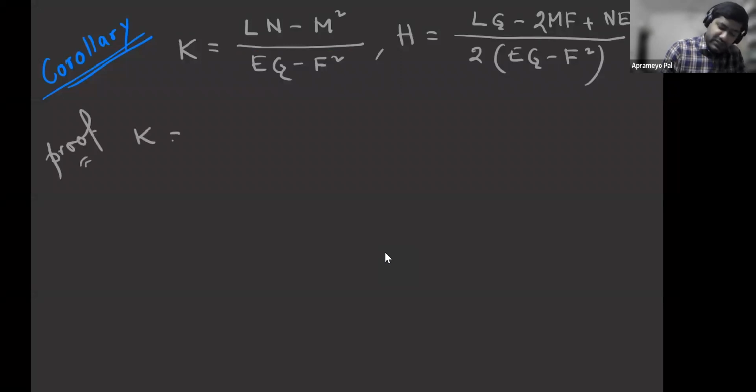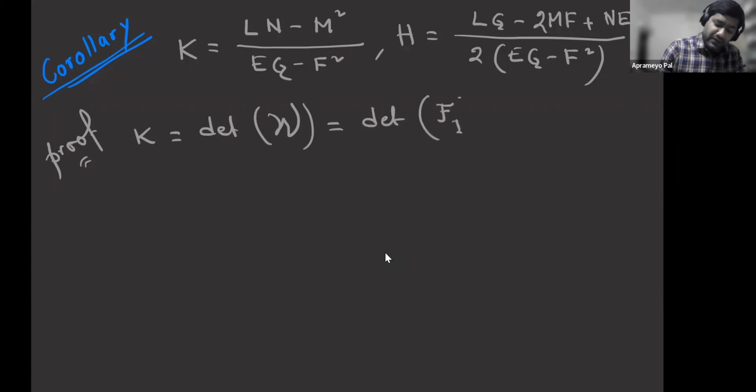So what is the Gaussian curvature? By definition, this is the determinant of the Weingarten map. And now we have already seen from the previous proposition that this is nothing but the determinant of FI inverse F double I. And determinant is multiplicative, right?